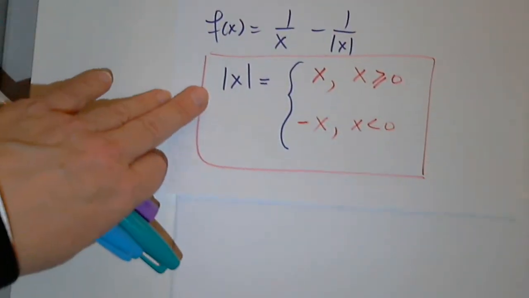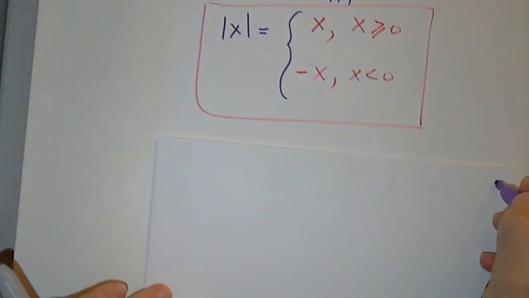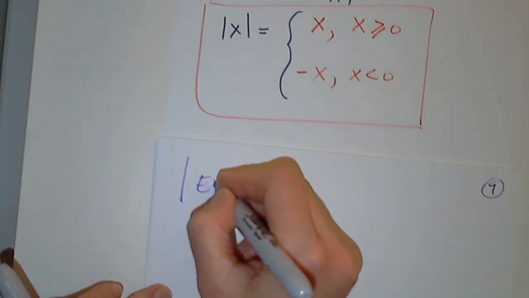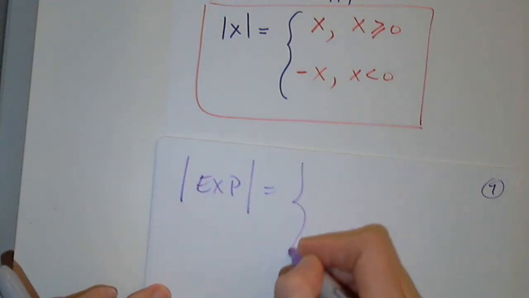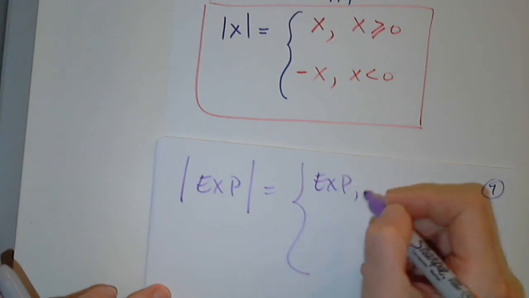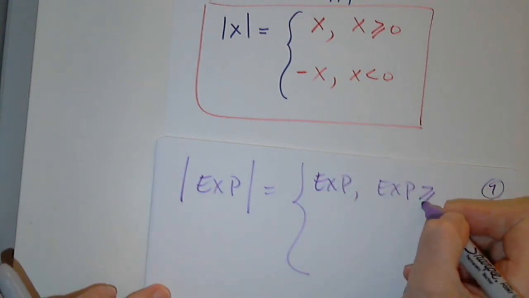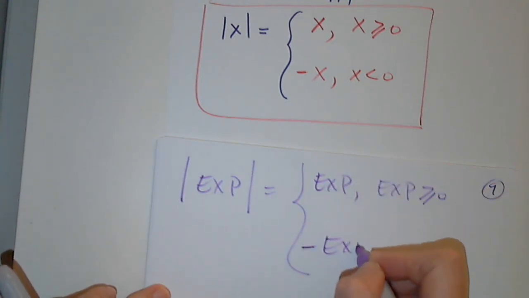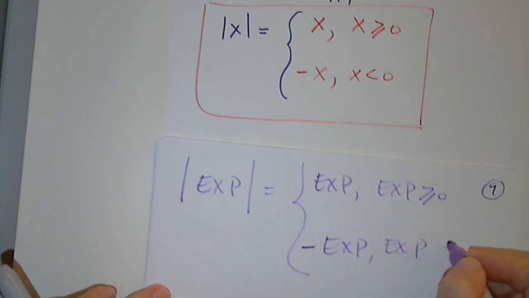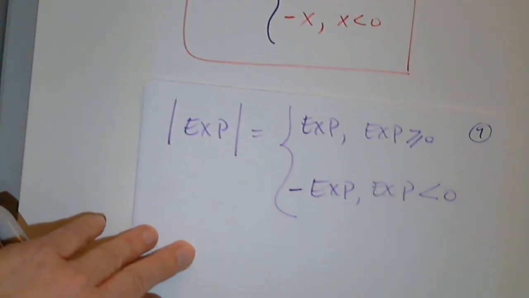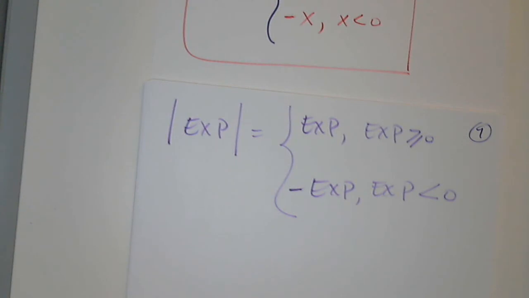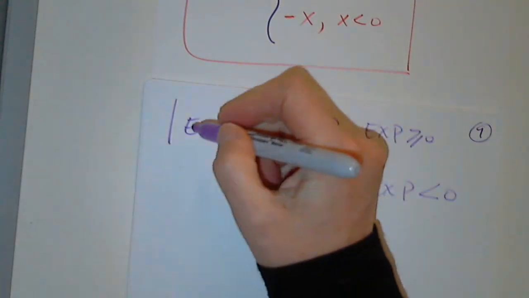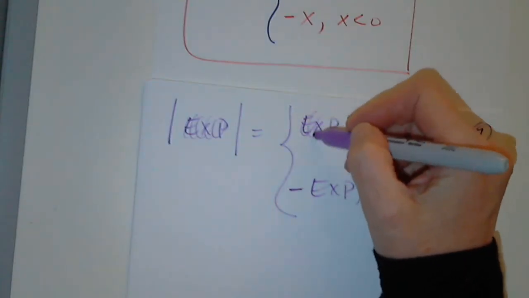So how we remember this, the formal definition of the absolute value is this. Any expression. You may be given x, but most probably not. So notice that there are 5 situations in which we have the same thing.